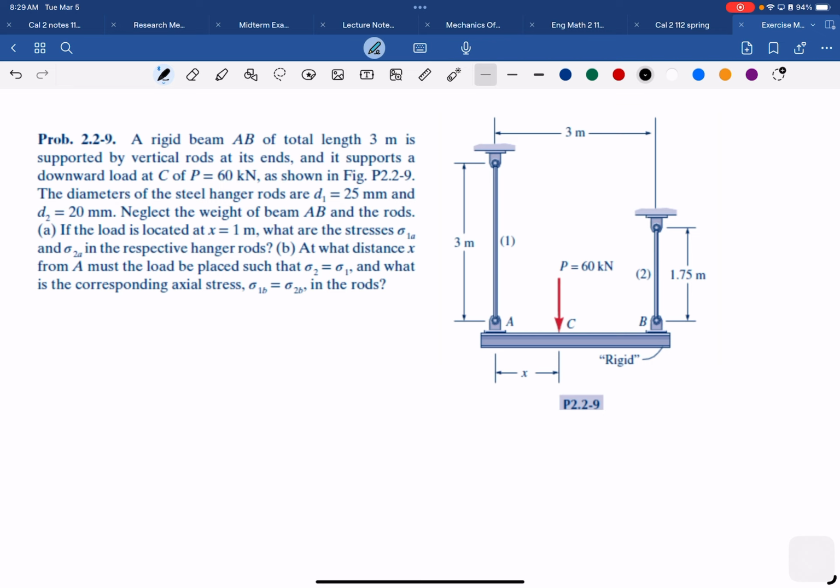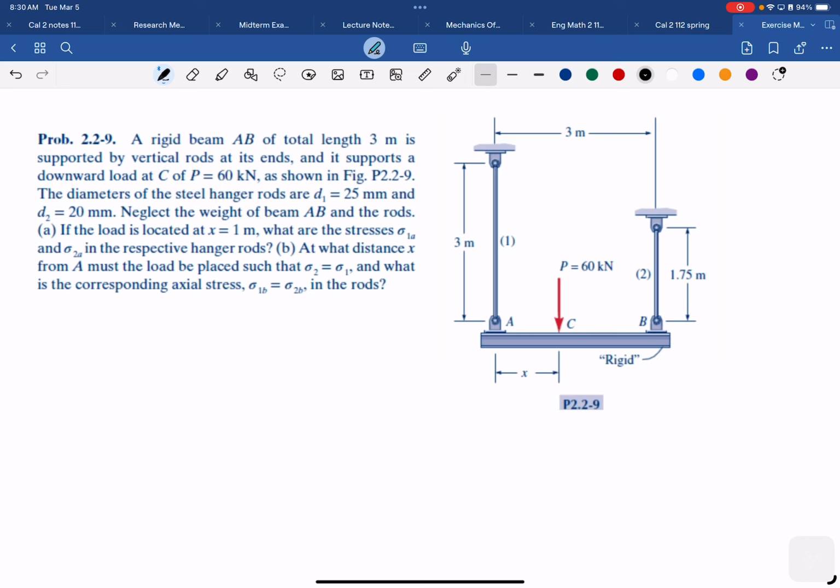If this x is 1 meter, we need to know all the stresses going from these two points A and B. We need to know the reaction forces or the stresses for both points.